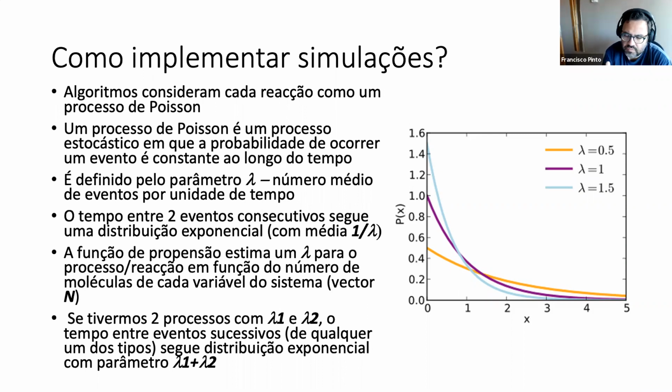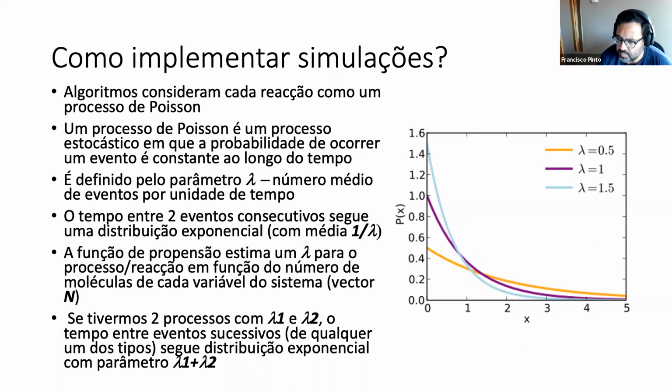And that number of events per unit time is a Poisson variable. It is a simple distribution that has one unique parameter, usually represented by lambda, and that lambda is the average number of events per unit time of that process.